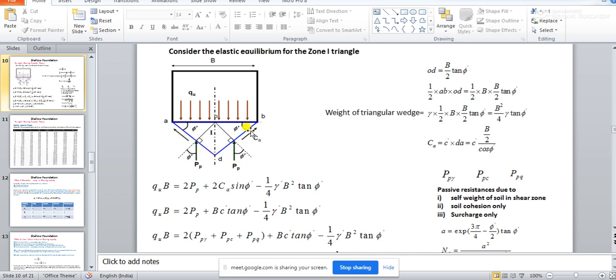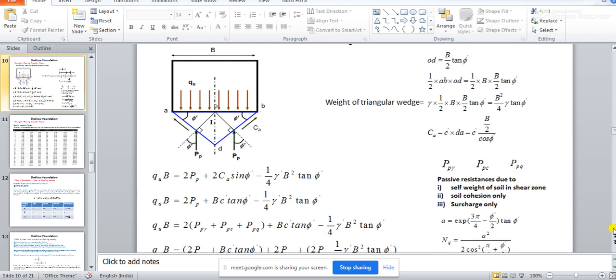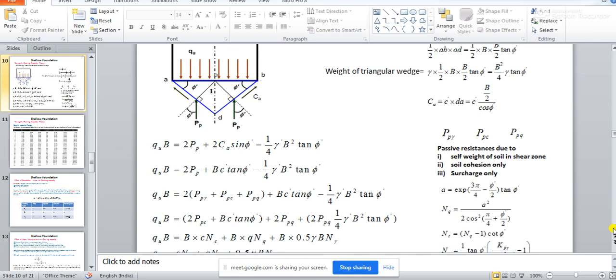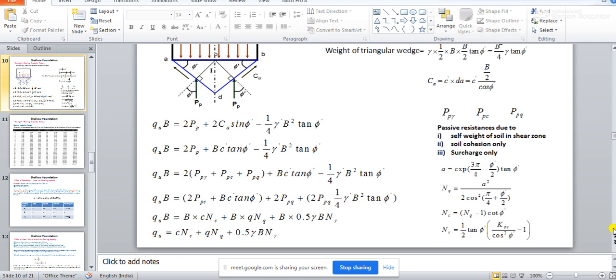So, you see this triangle will be subjected to some forces, and if you consider the equilibrium of this triangular wedge, then with some simplification you will finally get what is called Terzaghi's bearing capacity equation, which is nothing but this one: Qu is equal to cNc plus qNq plus 0.5 B N gamma.